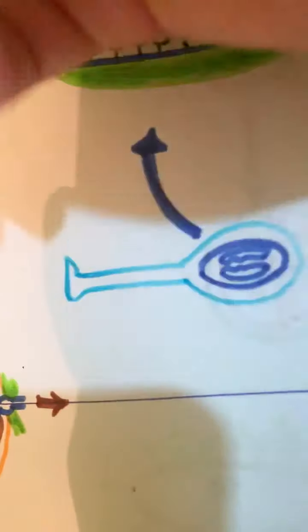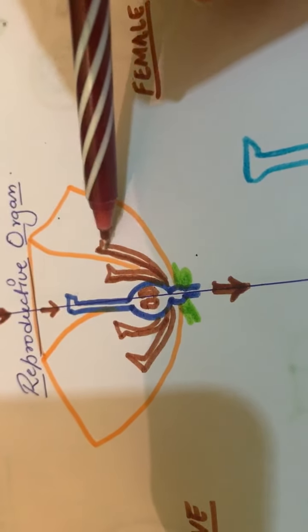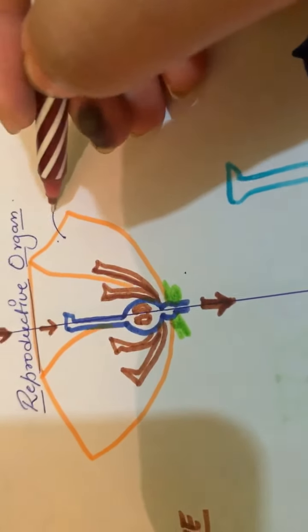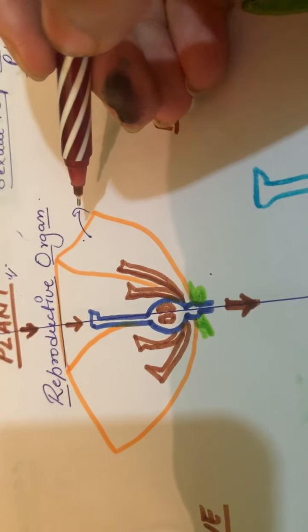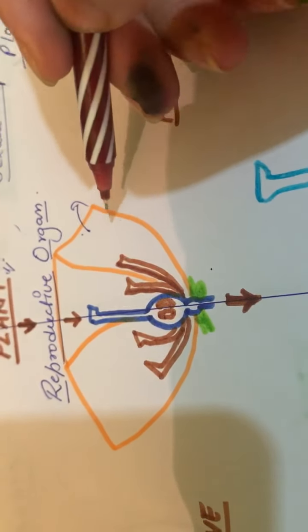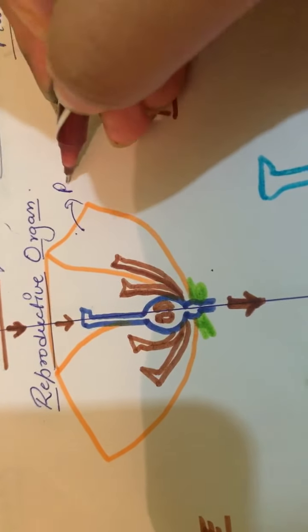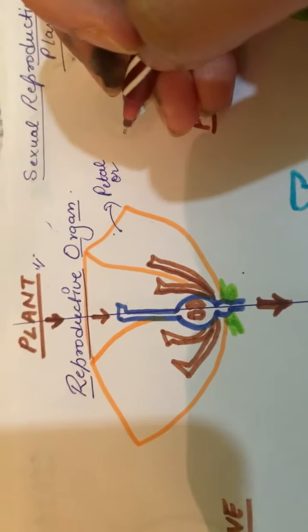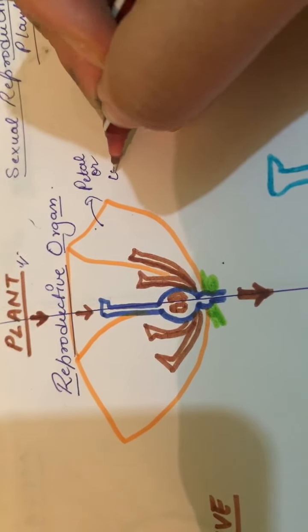The colorful part, whenever we see a flower, we are attracted towards its colorful portion. What is the name of the colorful portion? That is petal. Another name, which you must know from 11th, is that petal is also called corolla.